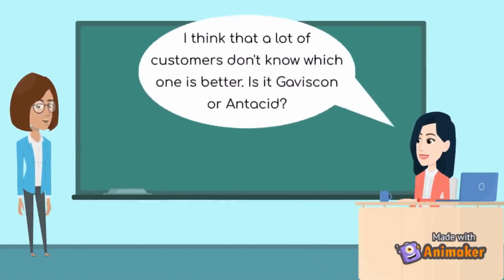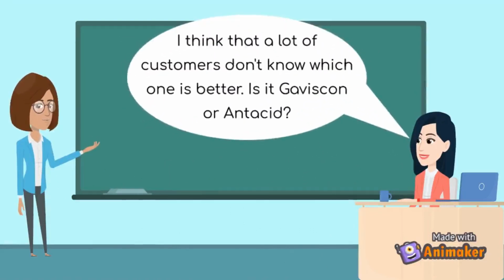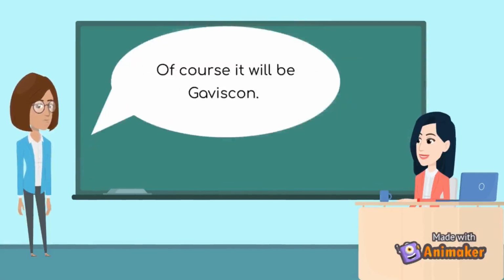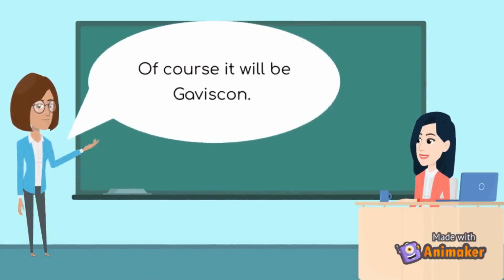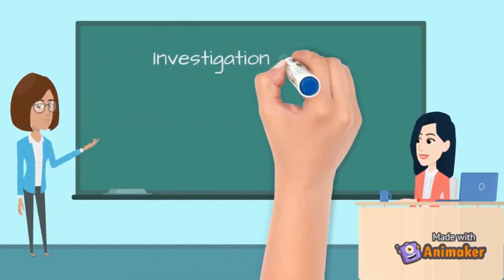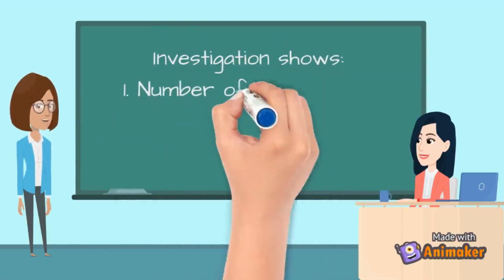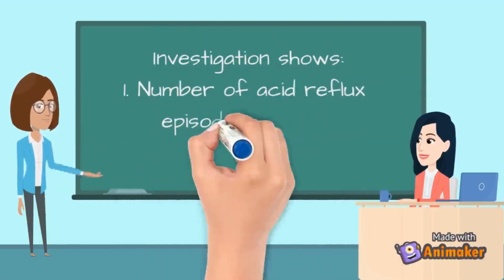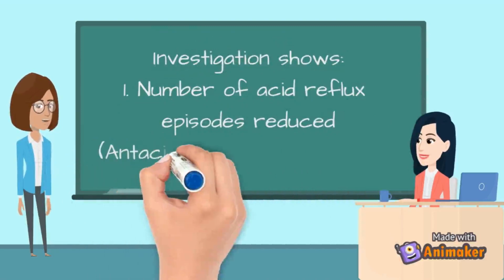I think that a lot of customers don't know which one is better. Is it Gaviscon or antacid? Of course, it will be Gaviscon. There is an investigation of the number of acid reflux episodes reduced.